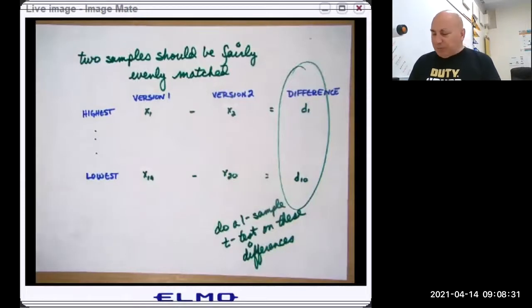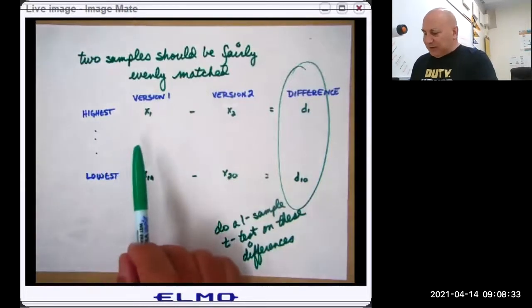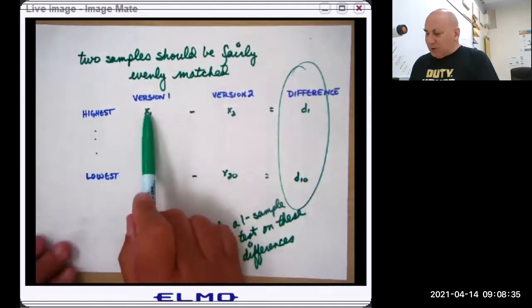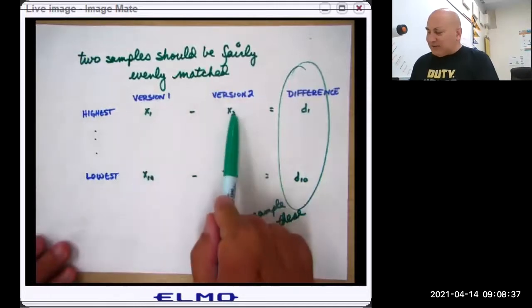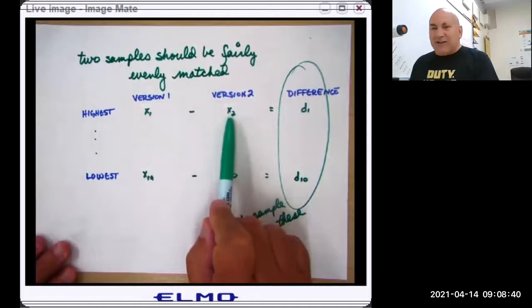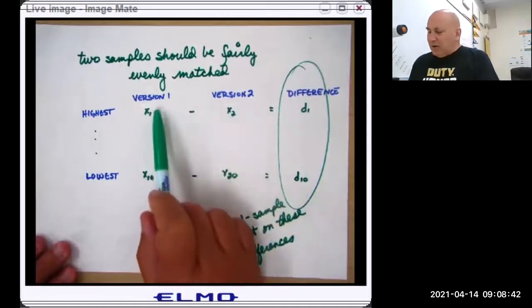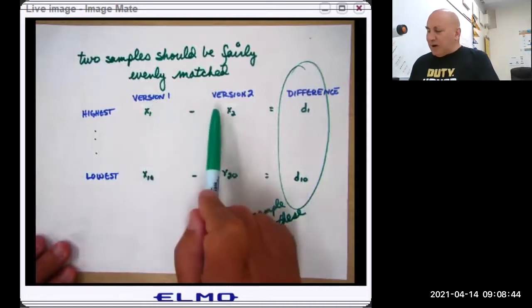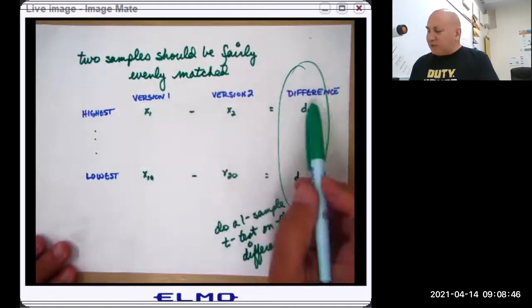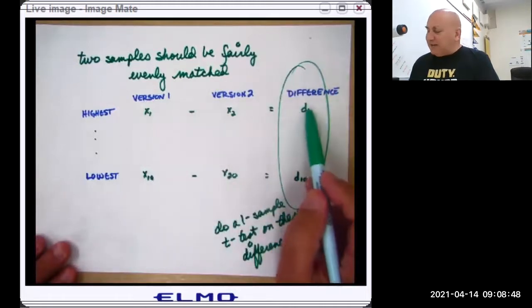Now what we do is we say, let's take those two highest people. So I have the test score from the top person in the class and the test score from the next person in the class. I take the version 1 score minus the version 2 score for that group, and I get a difference.